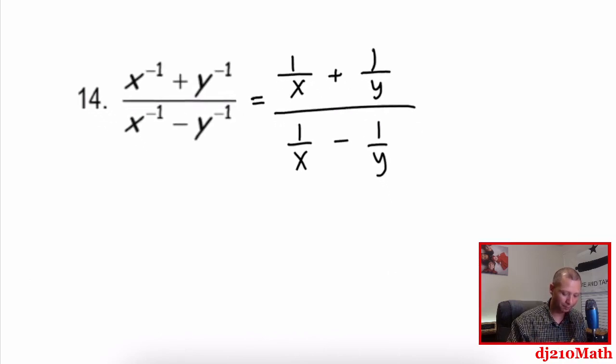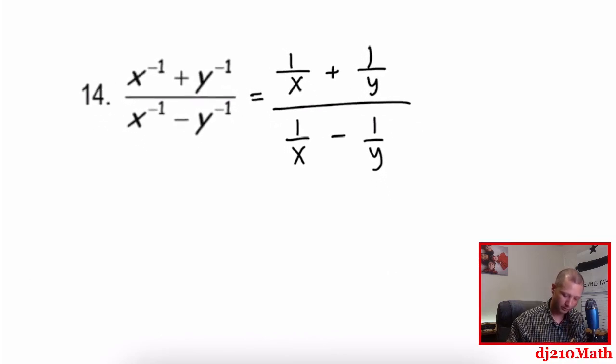So check it out. Here's the deal. 1 over x plus 1 over y. This is a prime example. You can always get the least common denominator or whatever the case may be. Sometimes a common denominator is just as good. It may be the least common denominator, maybe it's not.